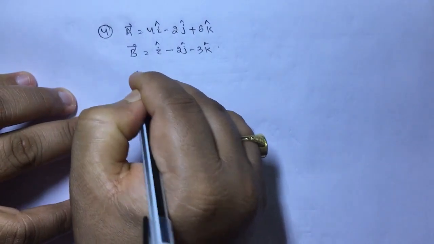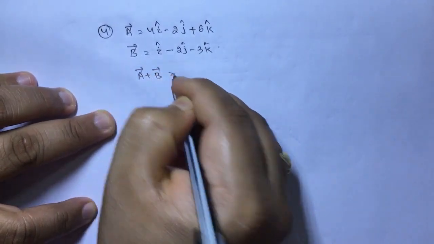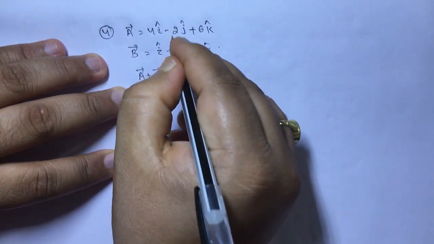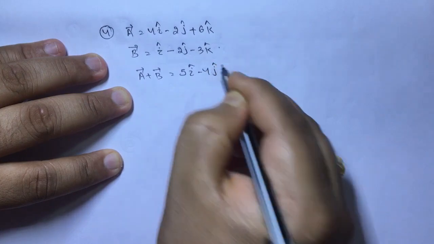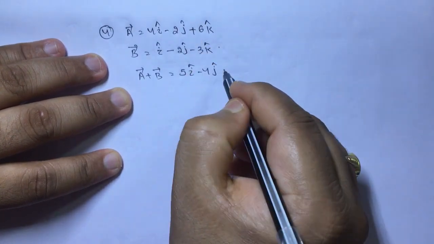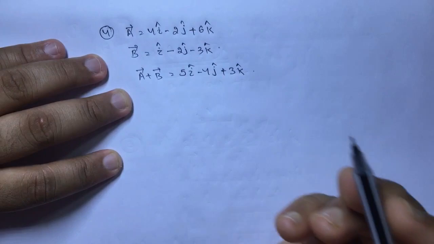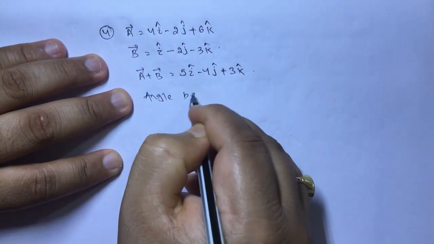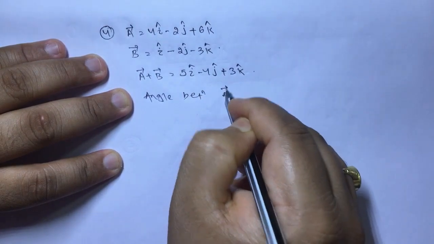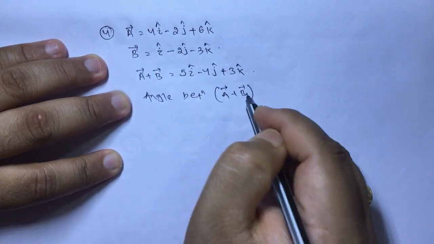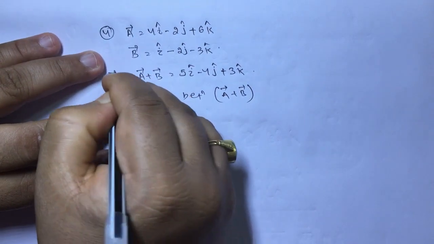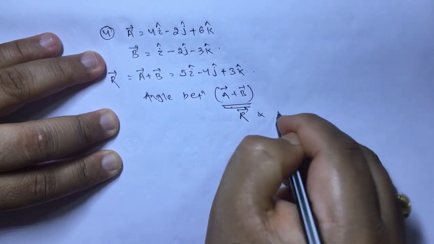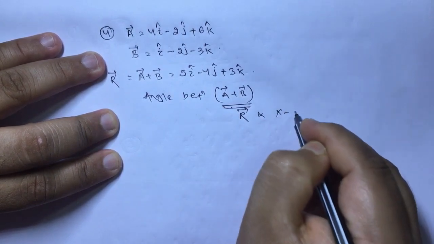First let us find the value of A vector plus B vector. Simply addition: 4 plus 1 i cap, minus 2 minus 2, that is minus 4 j cap, 6 minus 3 k cap. Now the question is the angle between A vector plus B vector, or let us write it as R vector, and x axis.